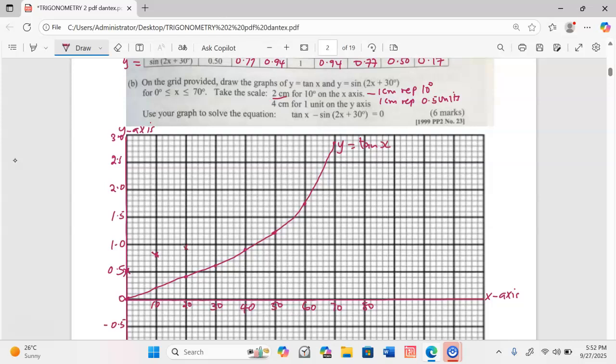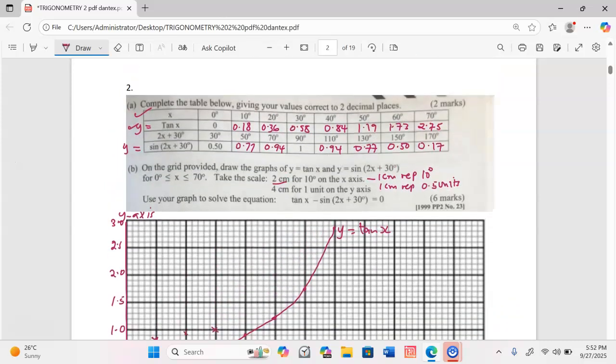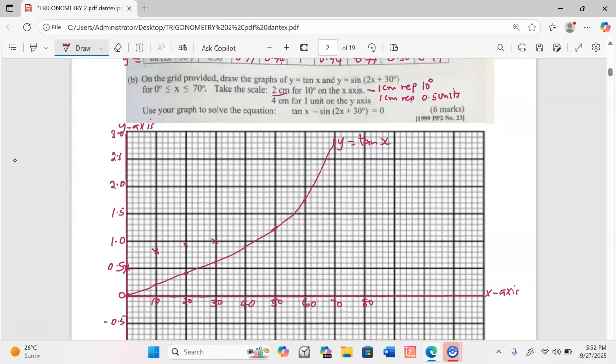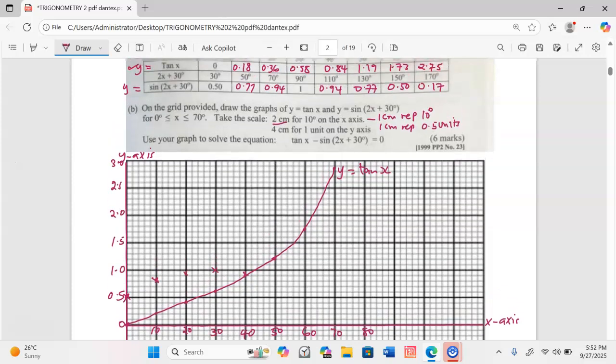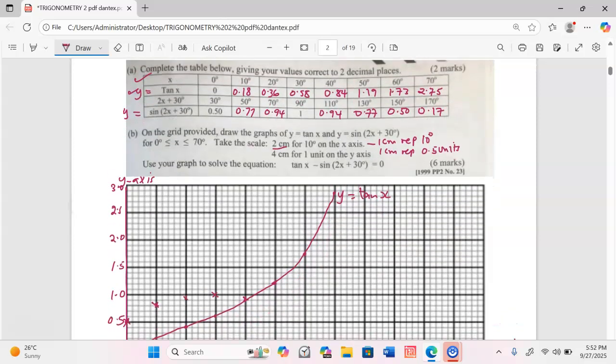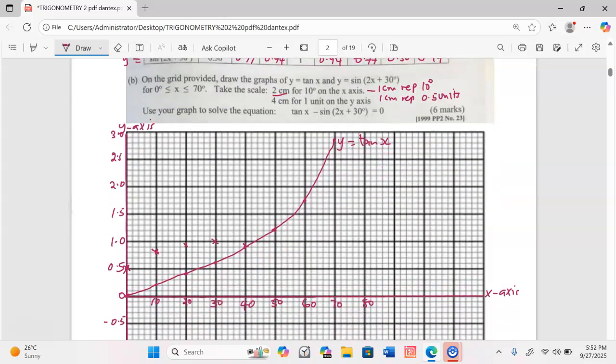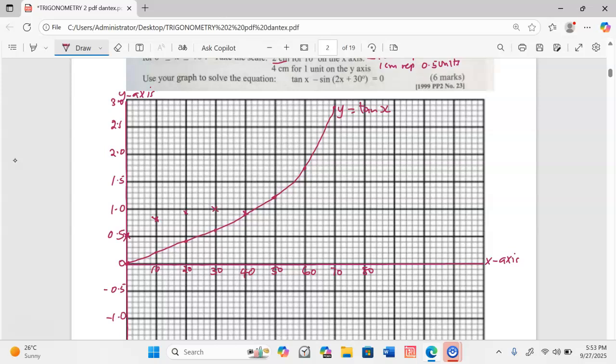Then at 30, we are going to have 1 exactly. Then at 40, we have 0.94 here. Next, at 50, it is 0.77, which is around 0.8.